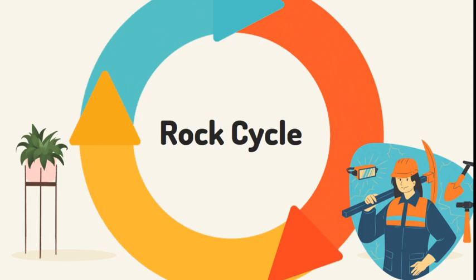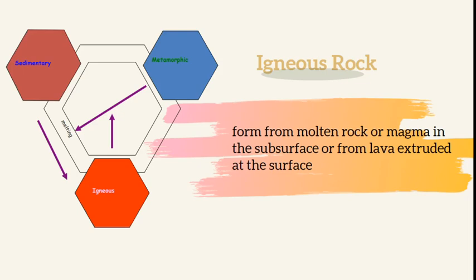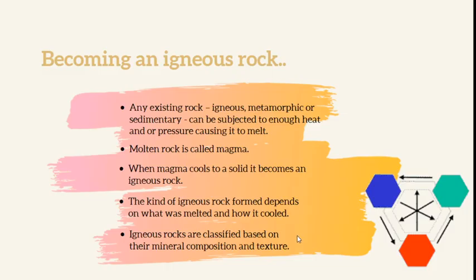And speaking of rock types, we have here igneous rock. Okay? Now, how does igneous rock form? It is formed from molten rock or magma in the subsurface or from lava extruded at the surface. So this is now the process in becoming an igneous rock.